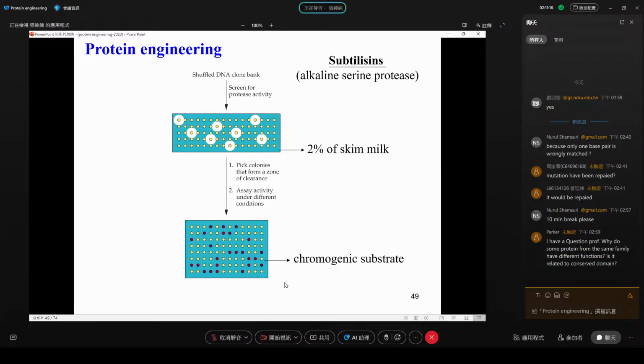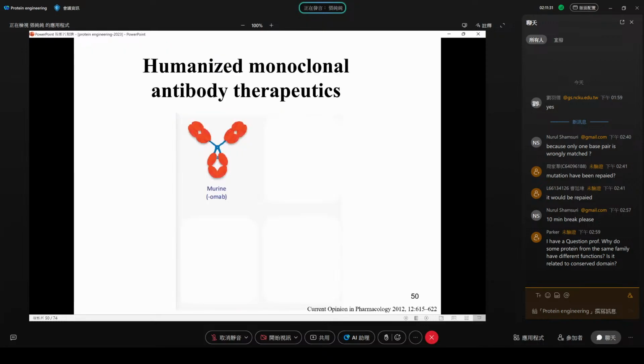So we will use different kinds of chromogenic substrate, with color or with fluorescence, whether you monitor by your eyes, by computer, or by video. All of them will work for your experiment.